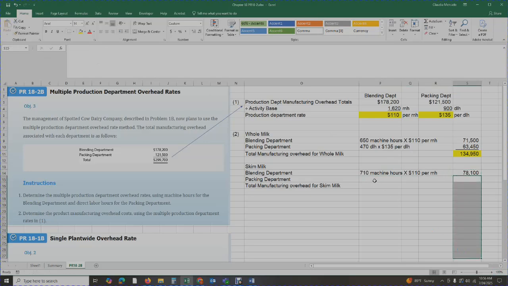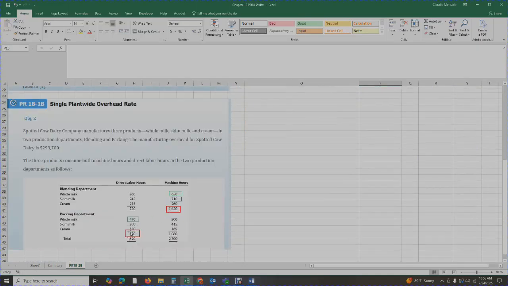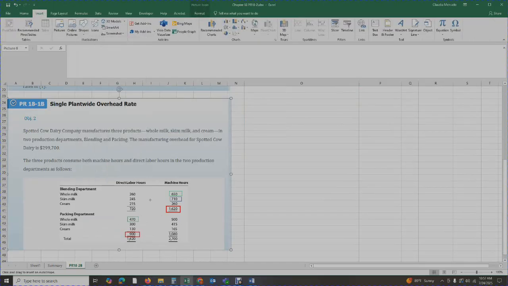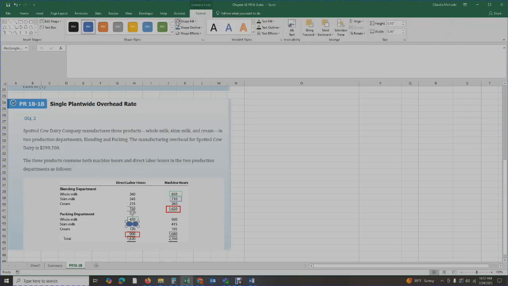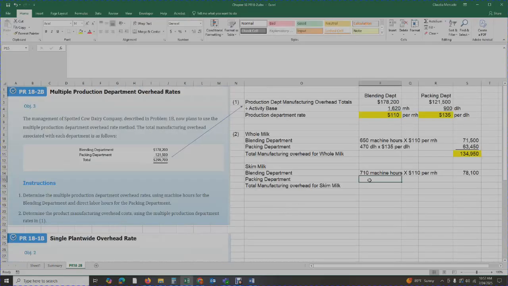Okay. We're going to do the same thing for the packing department. We're going to go down. Remember, the packing department, we use labor hours. Okay. So we're going to do in the shape so we can know where we're getting the number. We're getting it from right there. Skim milk, we've got 300. So that's where I'm picking up the 300 from. So we go to skim milk, the packing department, that's 300. So we're going to have 300 direct labor hours times my rate that we calculated in number 1 was 135.